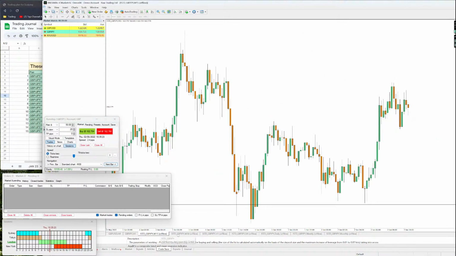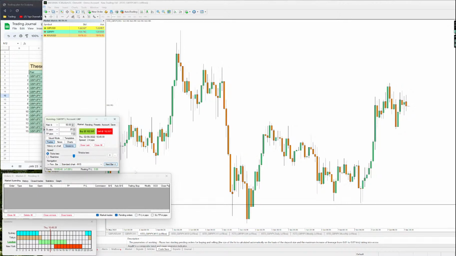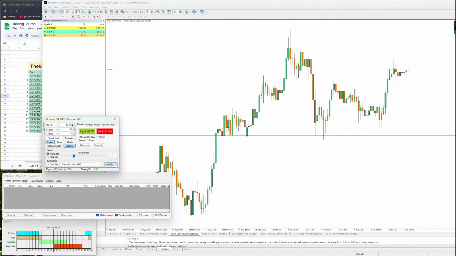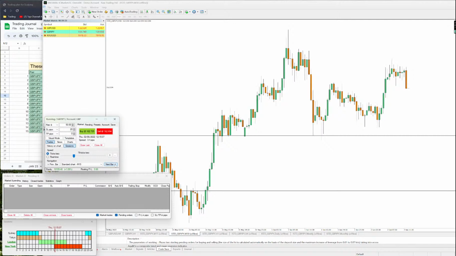30-minute breaking the lows. 15-minute is making fake outs on both sides. Look, one fake out, second fake out is the range. Very, very indecision. Let's see and wait. Oh yeah, nice.